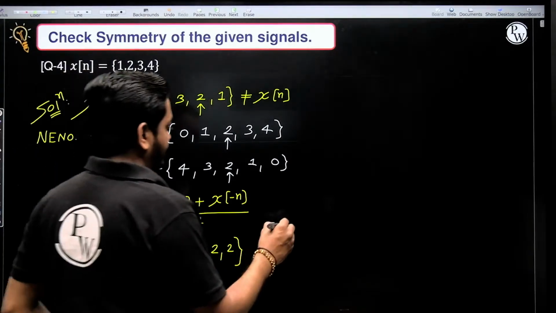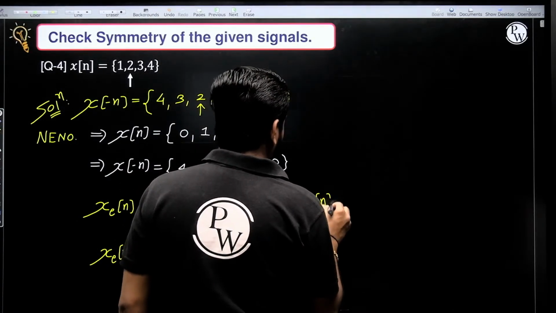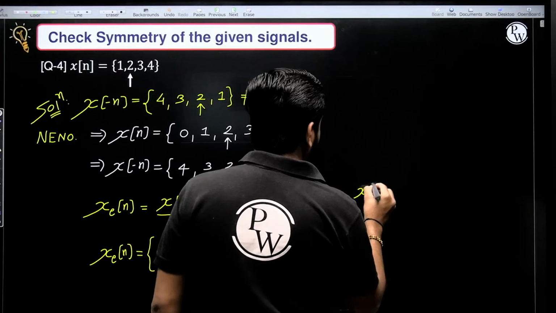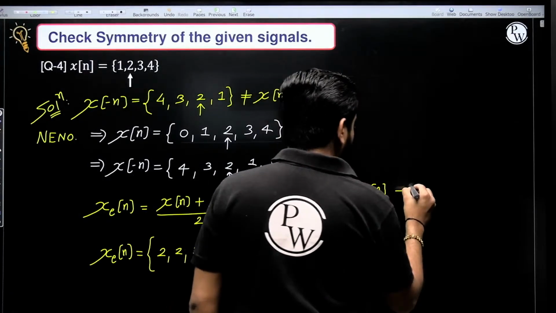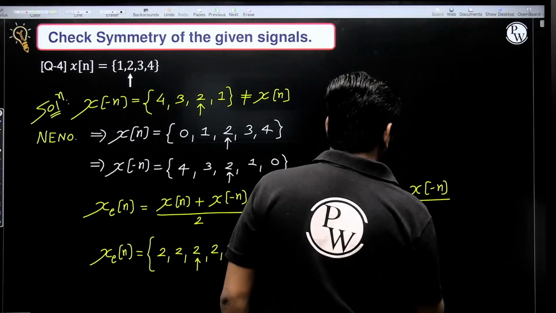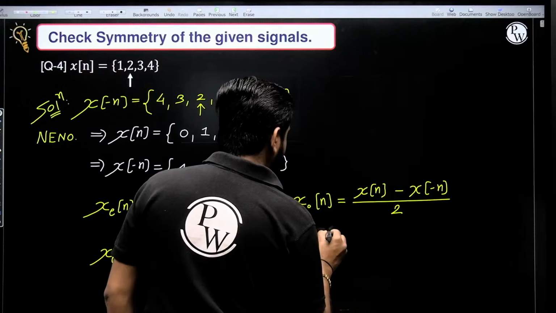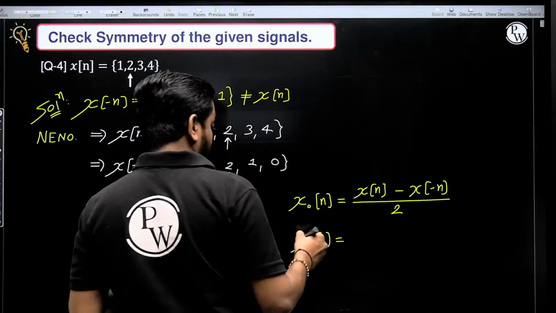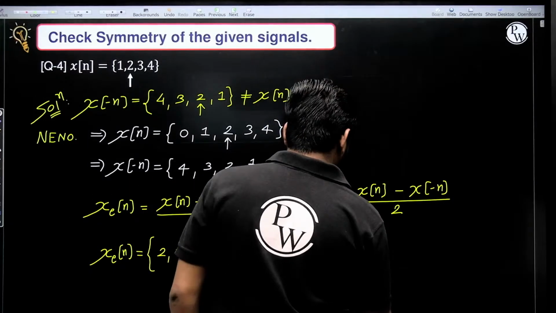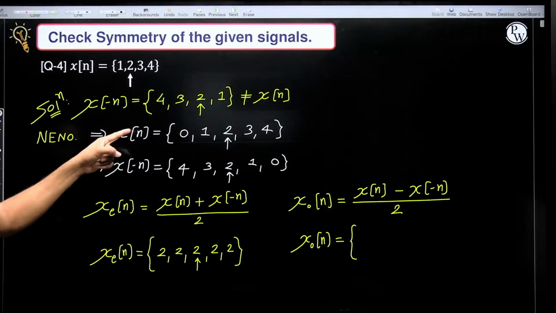And how to find its odd part? Odd part is given by x of n minus x of minus n, now subtraction, whole divided by 2. So odd part is, now subtraction, see, x of n minus x of minus n.